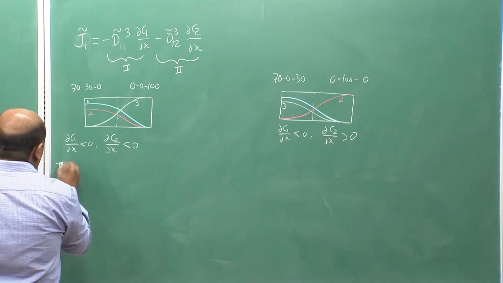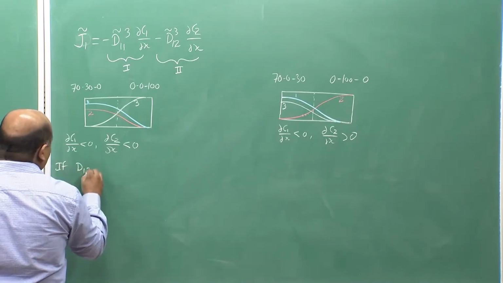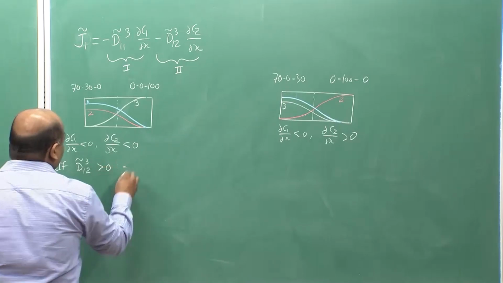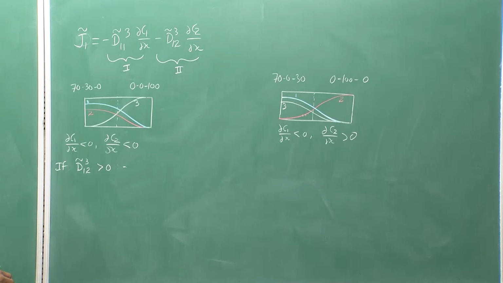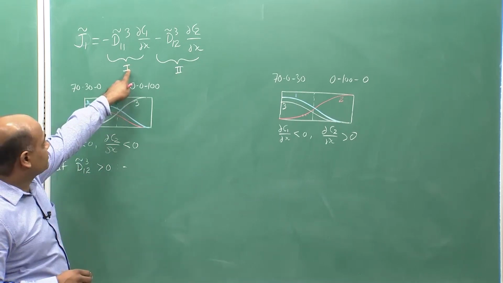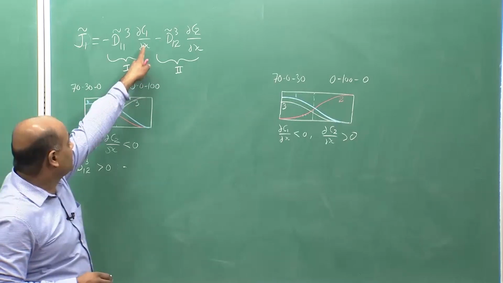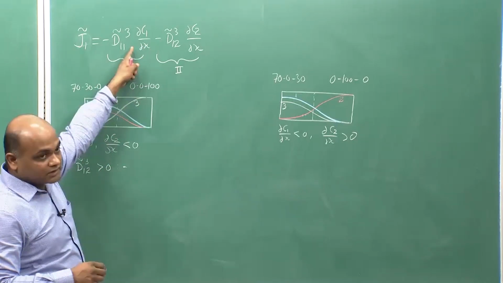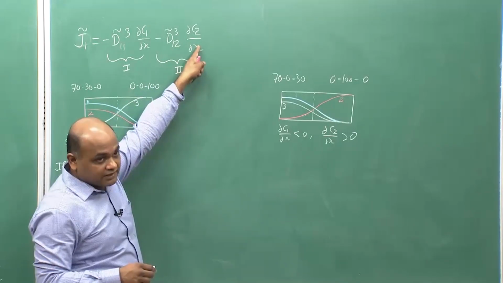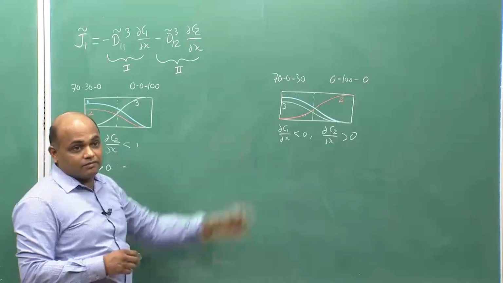So if D12 tilde is greater than 0, what does it mean? First term is positive, we know, because this gradient is negative. If D12 is also positive and this term is negative, this term will be positive.